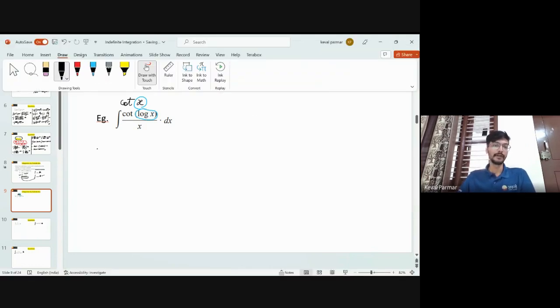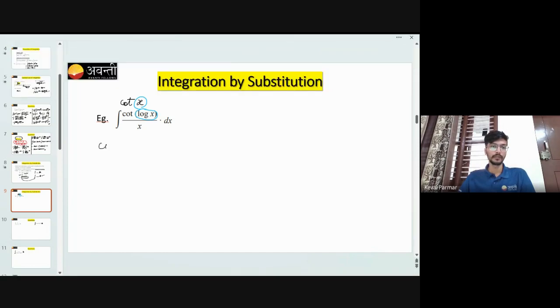So what is step 1? Step 1, put log x is equal to t. Next was to differentiate it with respect to x.